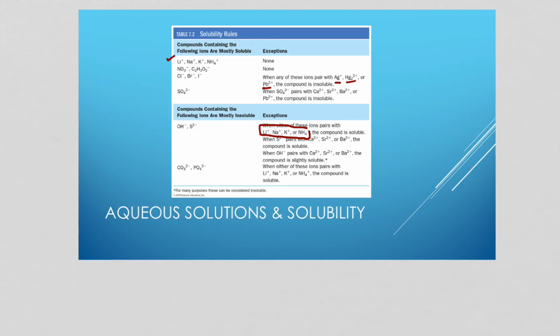And lastly, we have carbonate and phosphate, which are going to be insoluble unless they're paired with one of the four positive ions that are always soluble. So these four ions tend to make most ionic compounds insoluble, except with some of these exceptions.